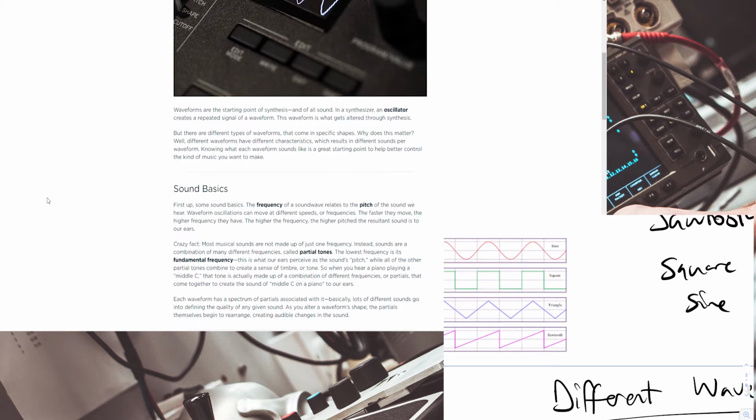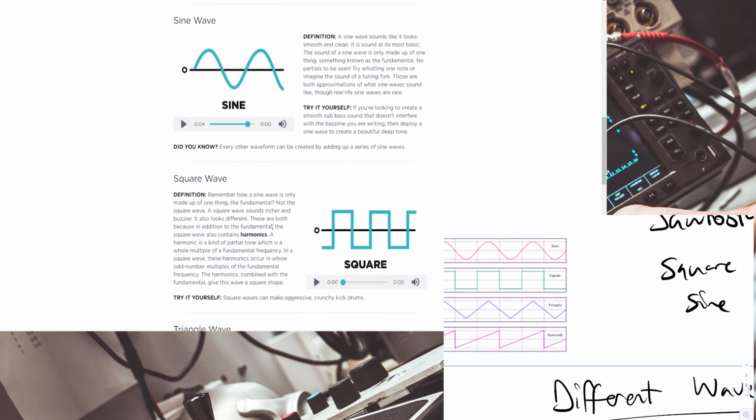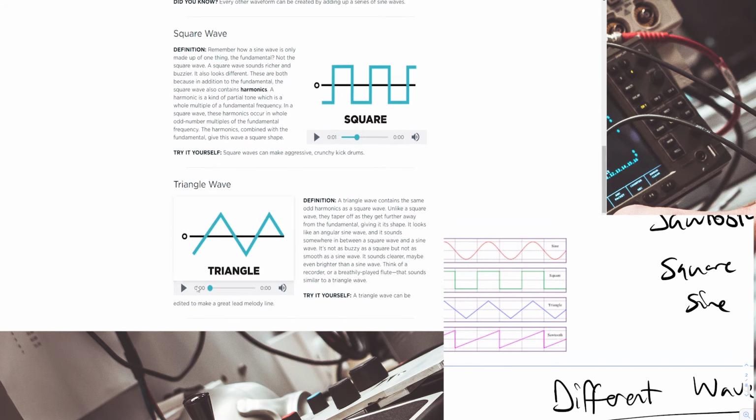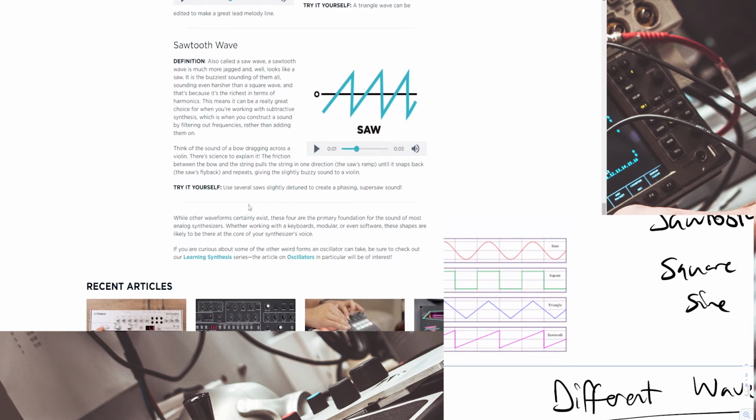This is to do with sound, but if they just teach me about voltage, should I just look for something in terms of voltage? A sine wave sounds like it looks smooth and clean. Okay. I don't get that at all. Yeah, no idea.